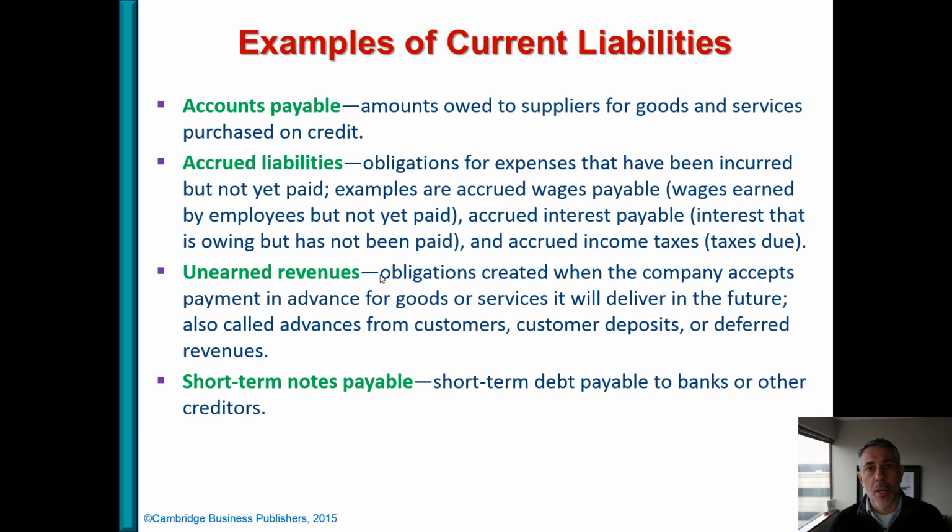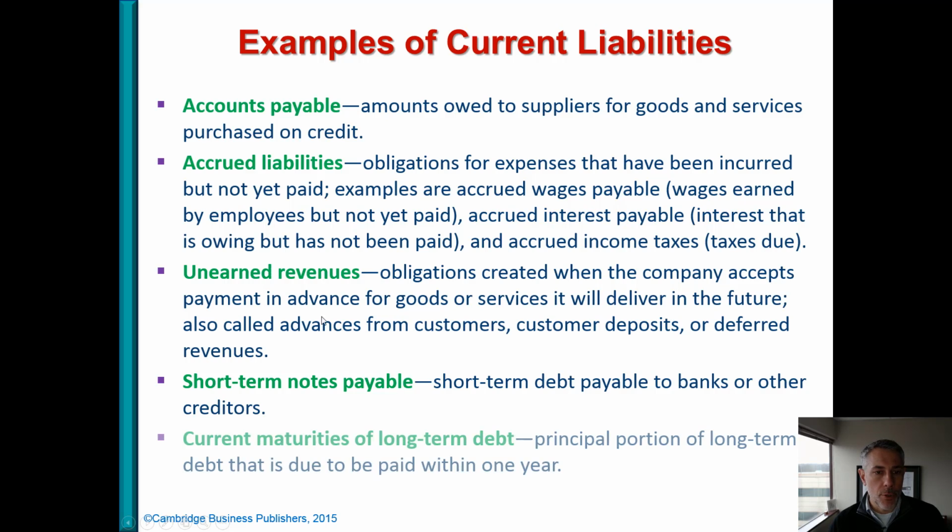But since we have not yet earned that, since the revenue was paid in advance, we will record that as a liability on our balance sheet called unearned revenue. These could similarly take the shape of advances from customers, deposits, or deferred revenue. Deferred revenue and unearned revenue are similar terms. They're interchangeable. You'll see them presented both ways.